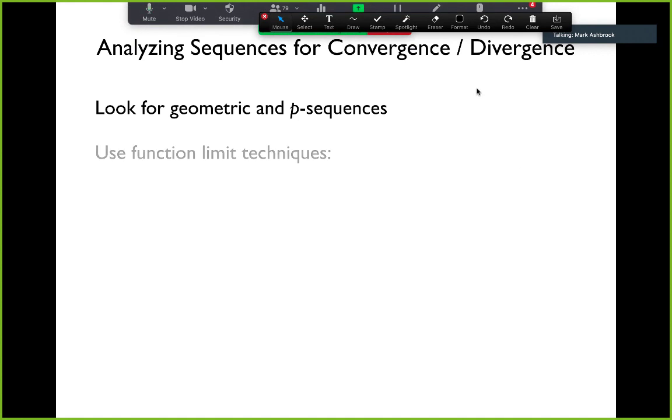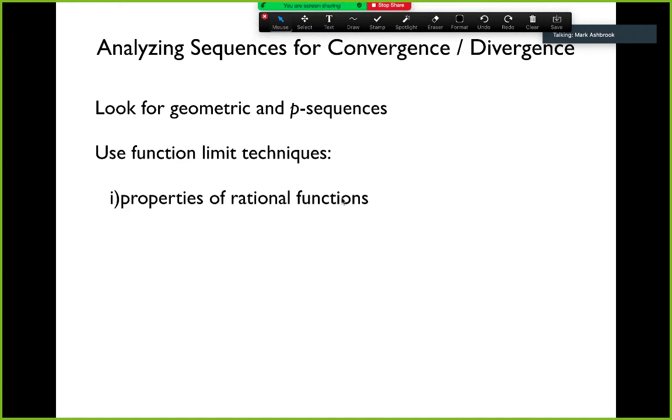Next is use the function limit techniques, so properties of rational functions. We saw one example of this last time. A rational function is like 4i cubed minus i over i squared plus i plus 1.